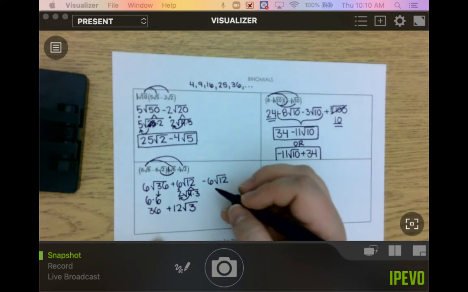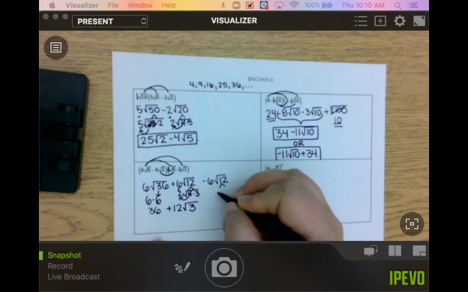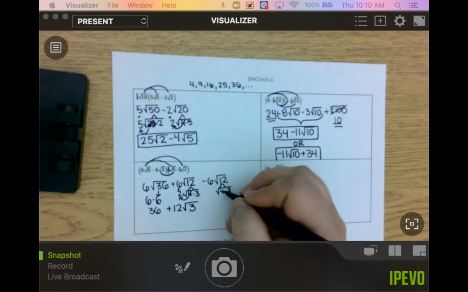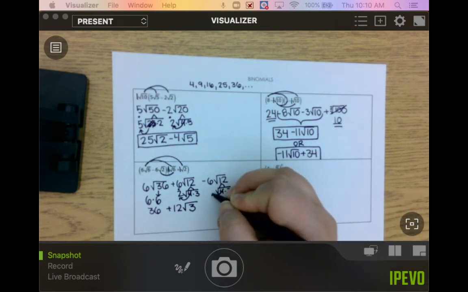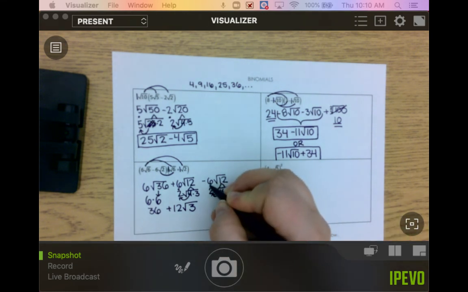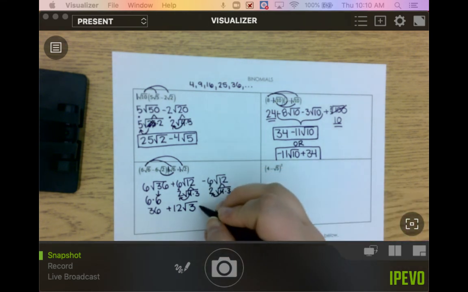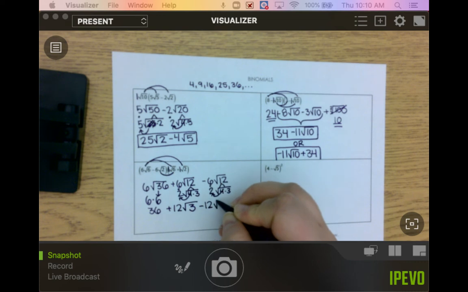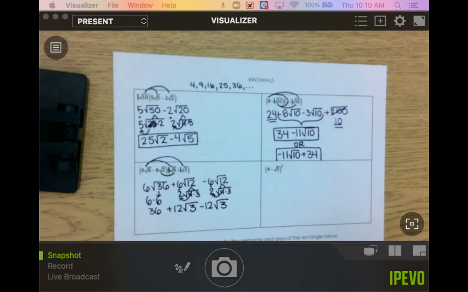But I'm going to go ahead and simplify it anyway because I had already done that with the first one. We already know that 12 is 4 times 3. That's going to make the square root of 4, 2, on the outside. And that 2 needs to multiply by the -6 that's already there, making this -12 square roots of 3. So even after I simplify it, you can tell that these two are about to cancel out.